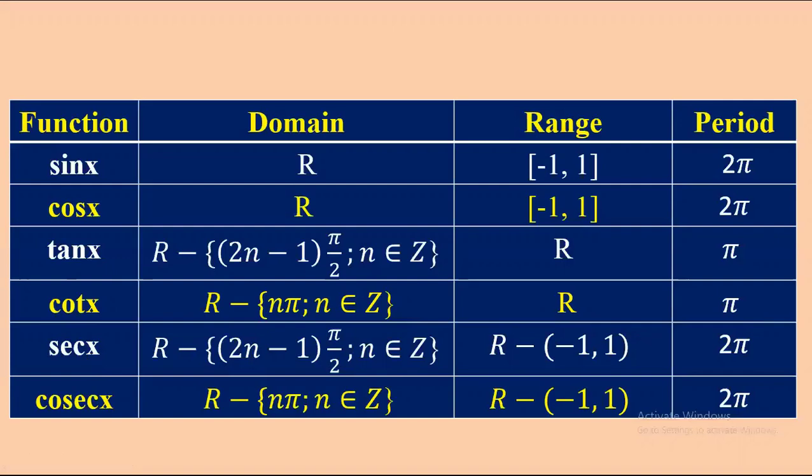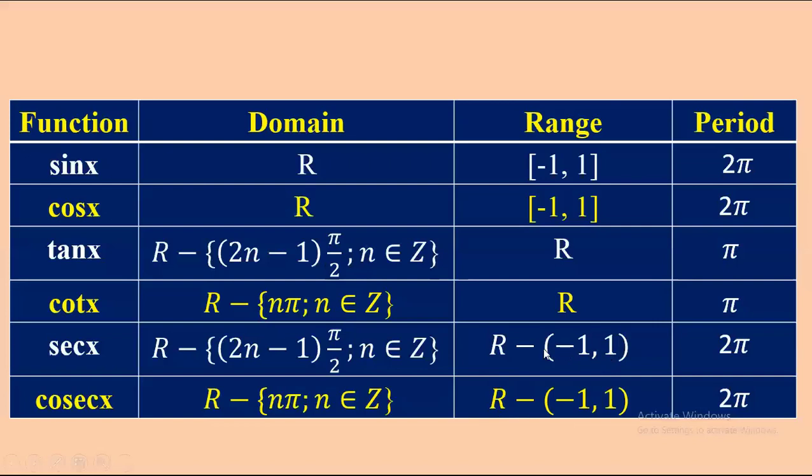In case of sec x, the domain is the set of all real numbers minus odd multiples of pi by 2, as we got in tan. What is the range? Range is the set of all real numbers minus the open interval minus 1 to plus 1.